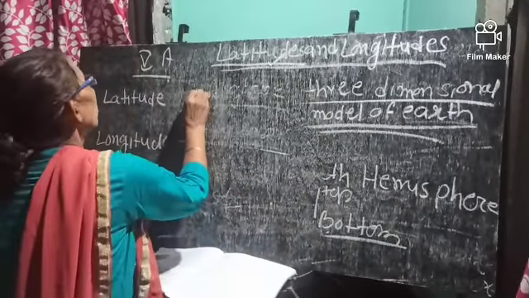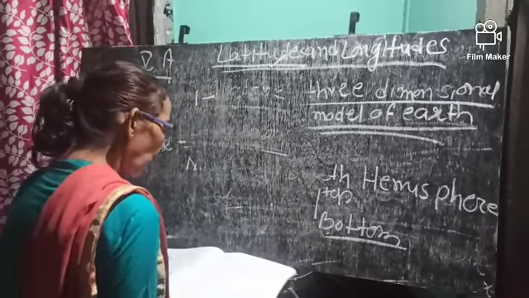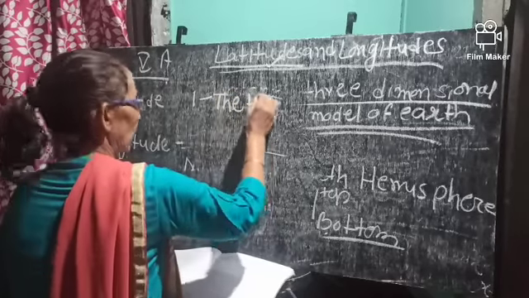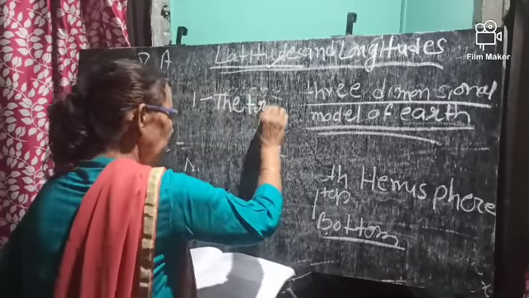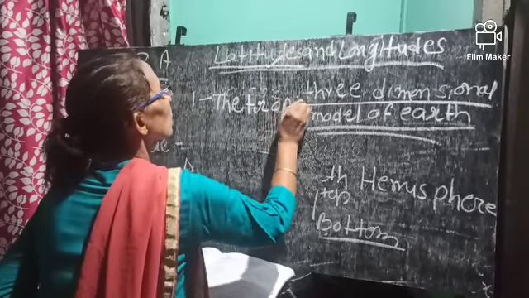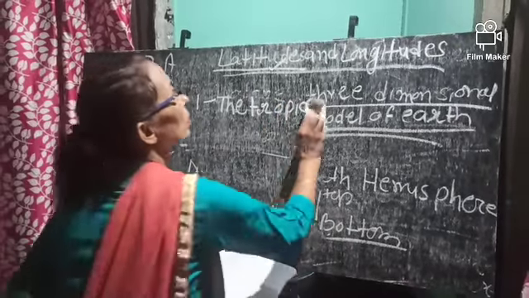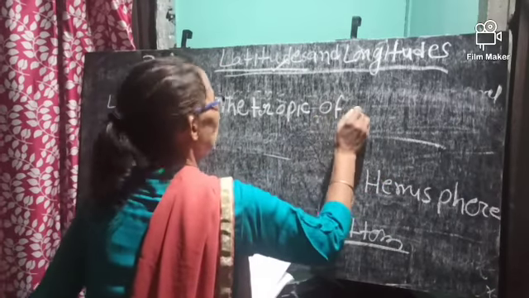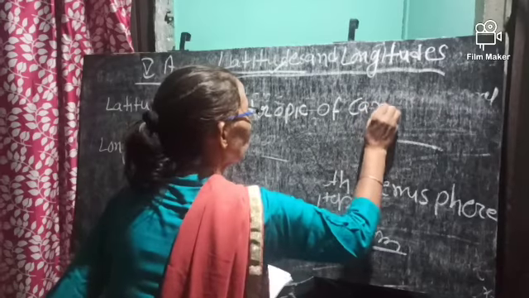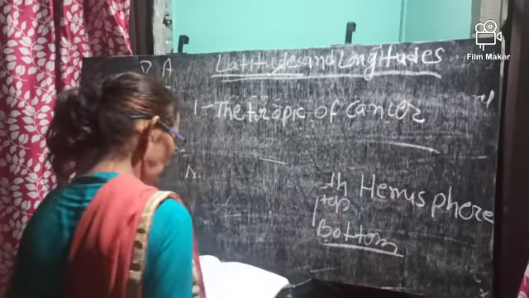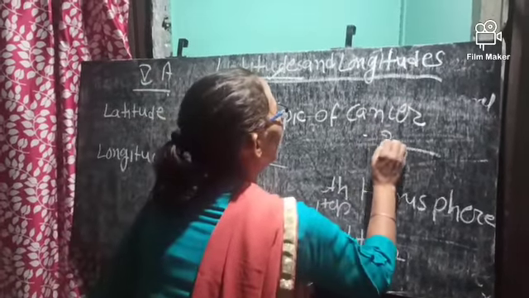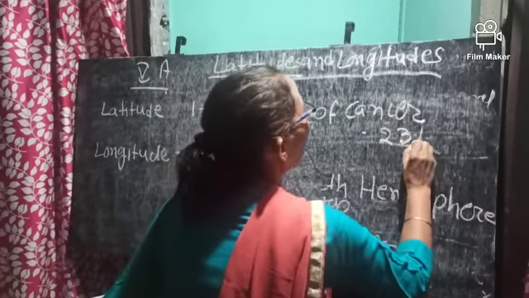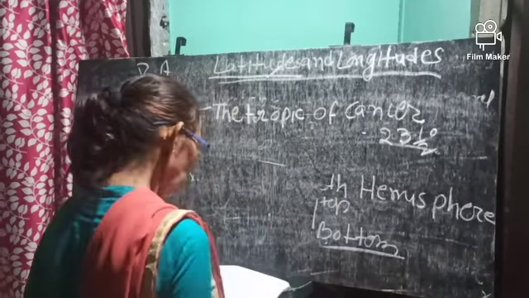This one is the Tropic of Cancer, 23 and a half degrees north.